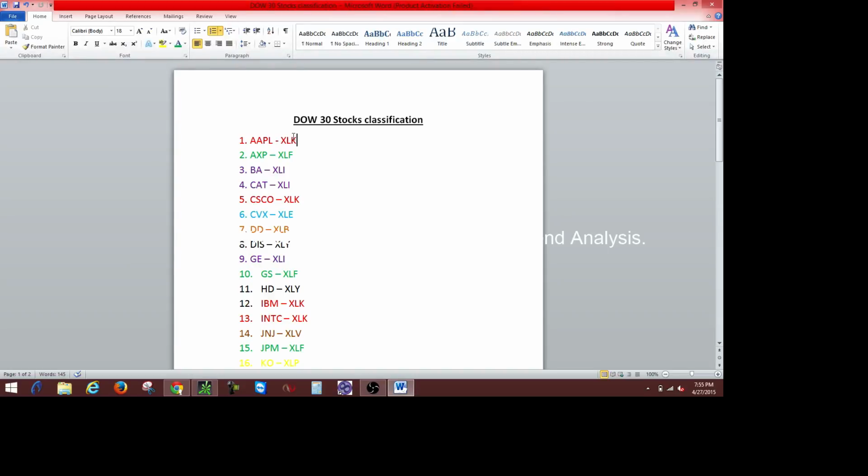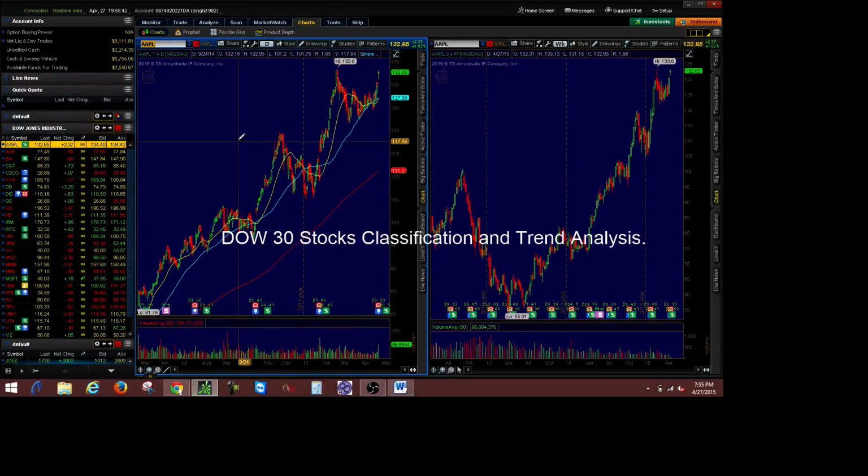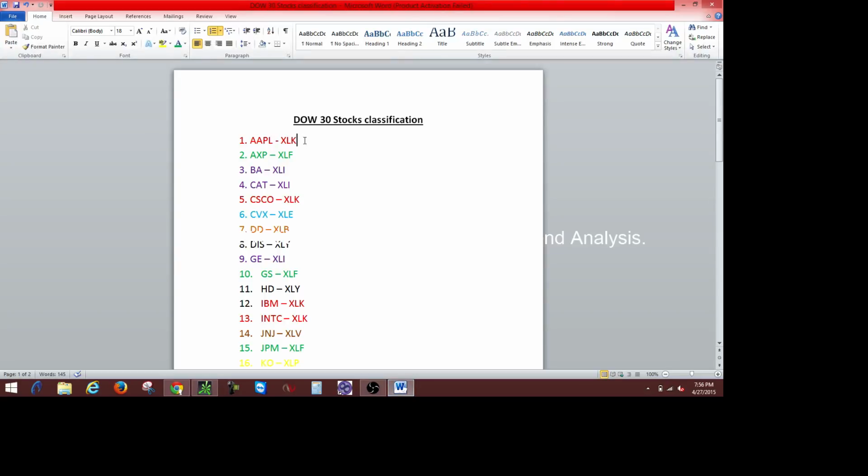And if you haven't seen my sector rotation analysis, where I talk about how the S&P 500 is divided into 9 sectors, I think that's one thing that you should watch, and hopefully you'll understand how the stocks from the S&P 500 are divided into 9 sectors. 9 sectors meaning XLK, technology, financials, industry, energy, XLB, materials, and so on.